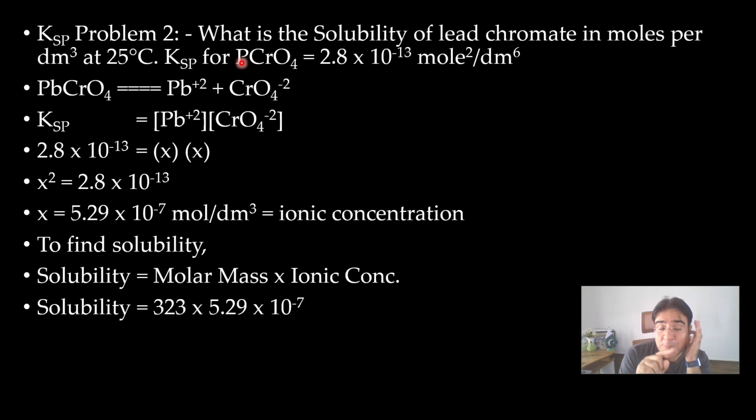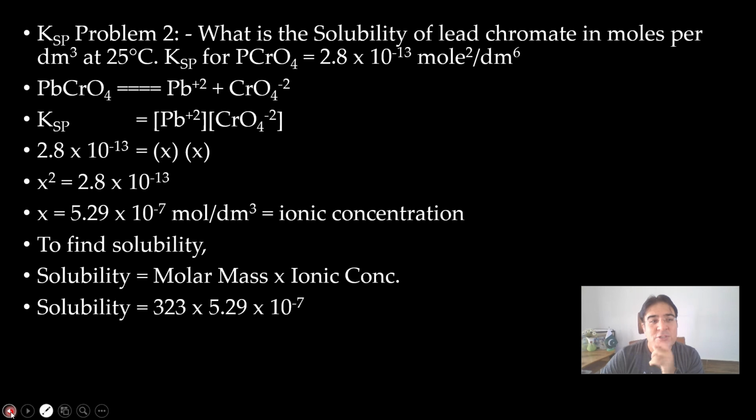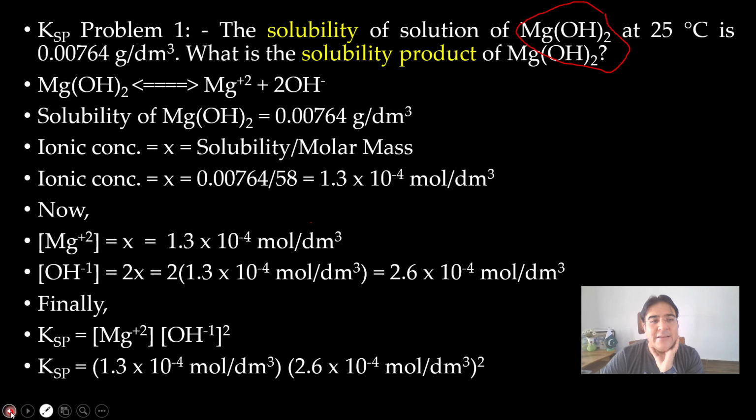So if in the first problem you divided by molar mass to find the ionic product, here you will multiply by the molar mass to get the solubility. It's the same thing, but opposite. I hope that you have understood. The answer is again left for you. When it is solved, it is in gram per dm cube, the solubility of PbCrO4. So these problems are very simple, very easy, opposite.